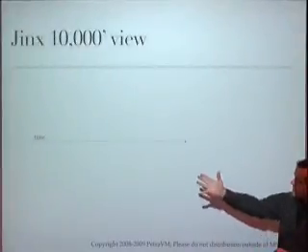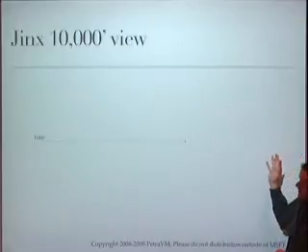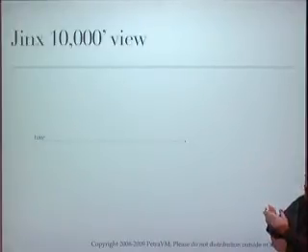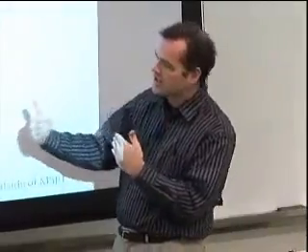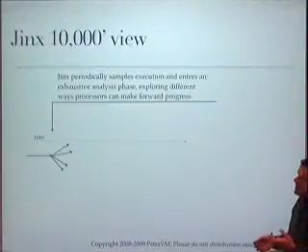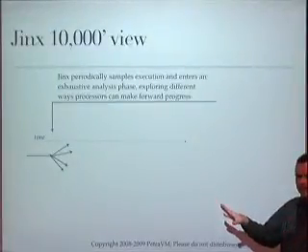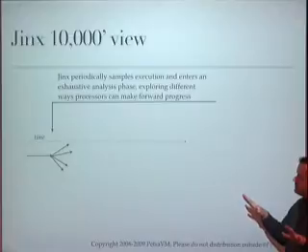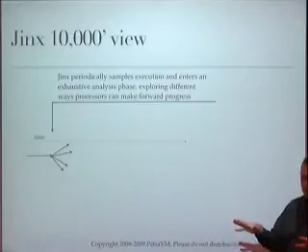So this is the high-level kind of 10,000-foot view of how Jinx works, which is I'm going to just imagine that time is going across here on the right, and I'm going to show you what a machine is actually doing as Jinx is installed and running on that box. So initially, the machine is running fairly normally, and then we sample the machine and freeze it and periodically explore several different ways at which forward progress could be made on the actual hardware.